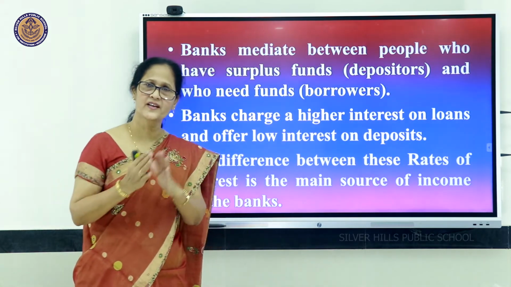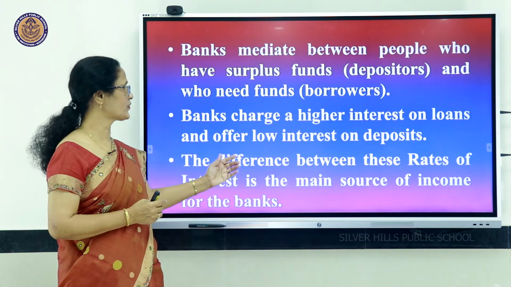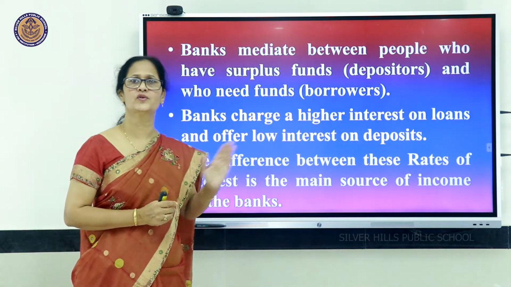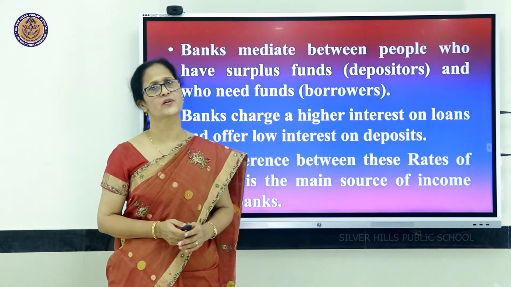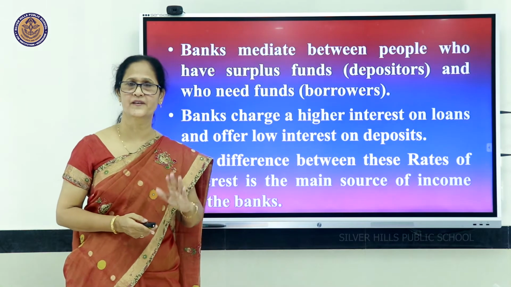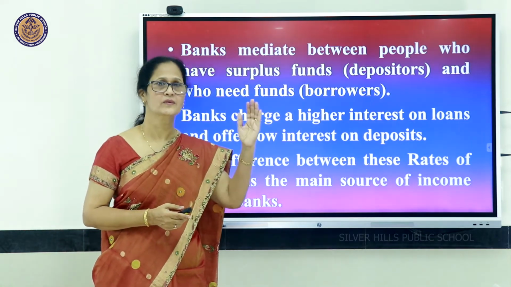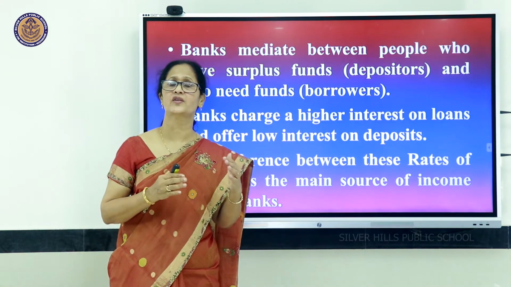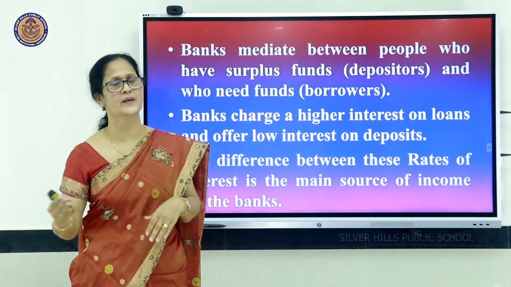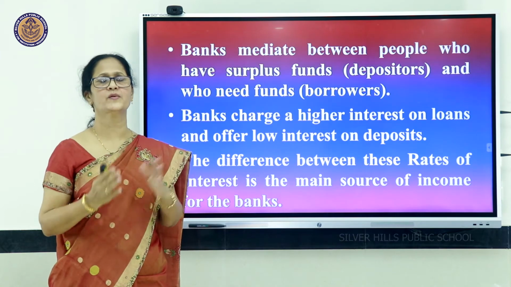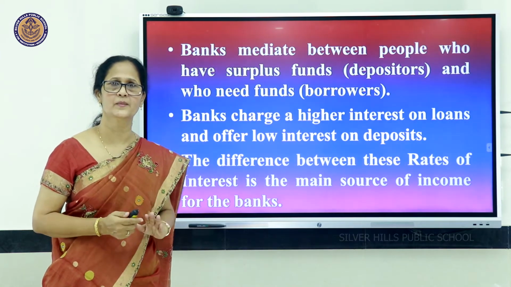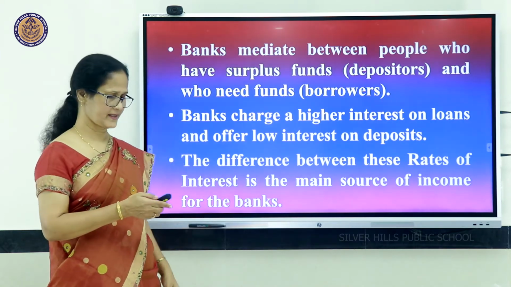And the difference between these two rates of interest is the main source of income or profit for the banks. The difference between the rate of interest charged on the loan and the rate of interest paid to the depositors is the main income or profit of the bank.